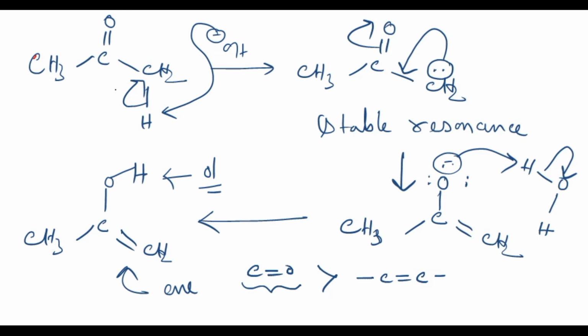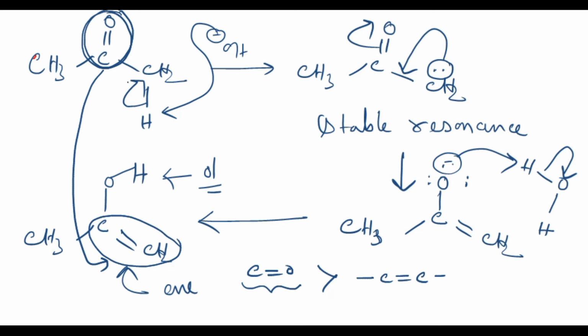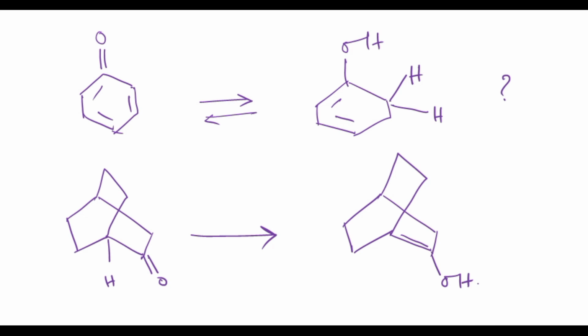Whenever the keto form gets converted to the enol form, the carbon oxygen double bond gets converted to a carbon carbon double bond, thus the stability of the molecule decreases. That's why in most cases the keto form is more stable than the enol form.